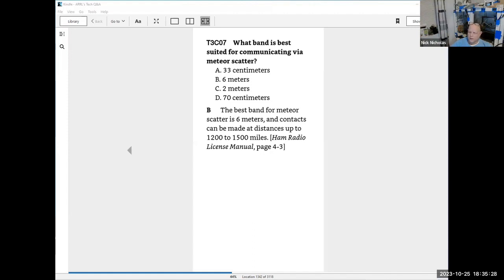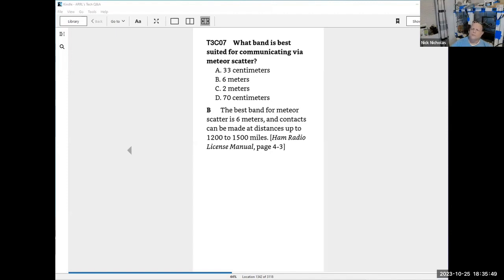T3C07 is where we're going to begin tonight. It asks, what band is best suited for communications via meteor scatter? And this is just information I have to give you. 6 meters works out perfect. It works out very well, that's the 50 megahertz band.